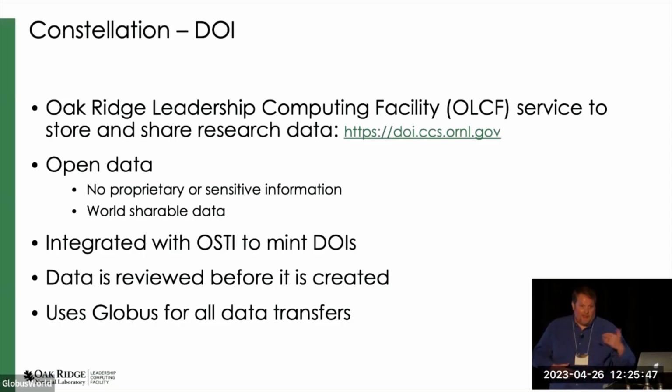So it does take a little bit of time to move all of our data over there and get someone to look at it and say, yes, this is okay, or, ooh, you actually still have PII information in this DOI, so we're going to have to remove that before we can create it. And one of the big advantages of what we've done with Constellation is we have Globus in use for all of the data transfers right now.